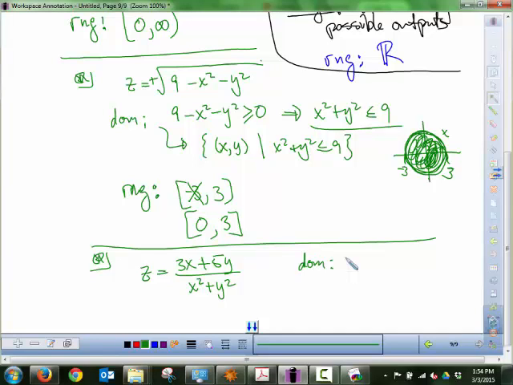What's the domain? So all not real numbers, right? All ordered pairs. So except what? So that x squared plus y squared is not equal to 0. And so when is x squared plus y squared equal to 0?